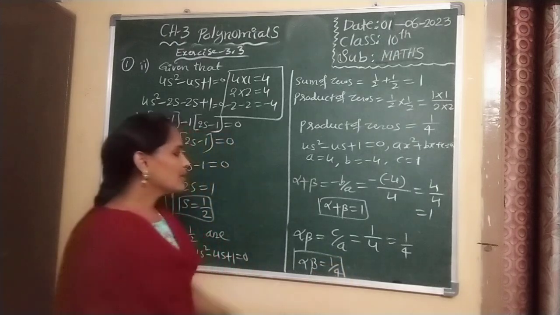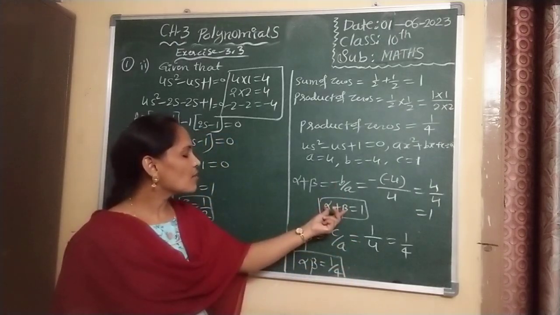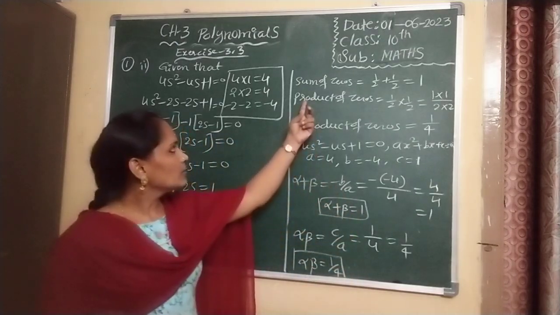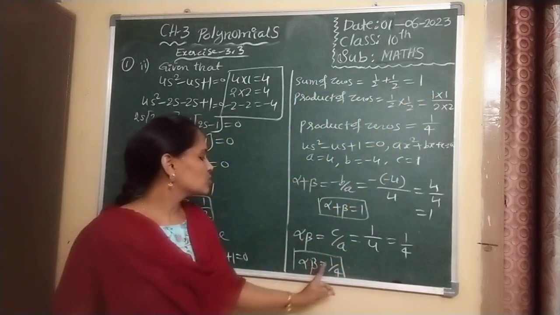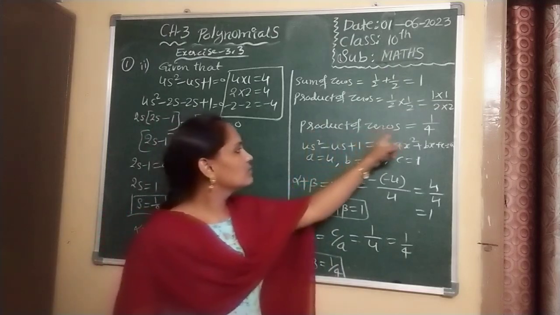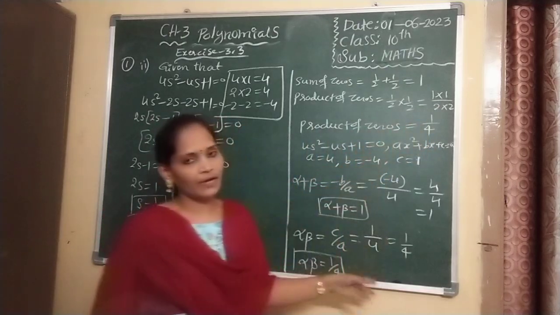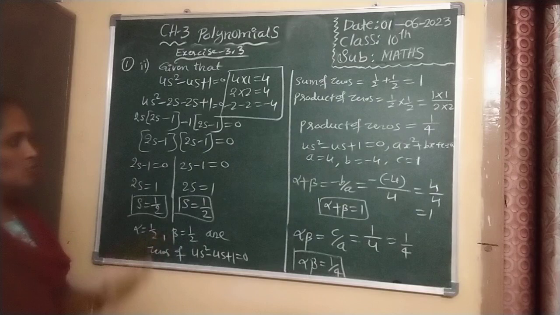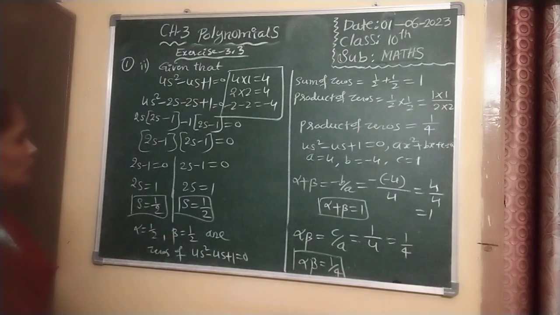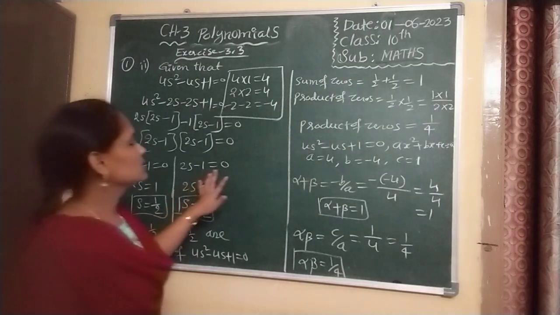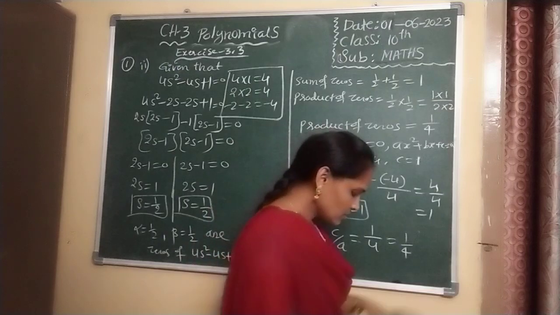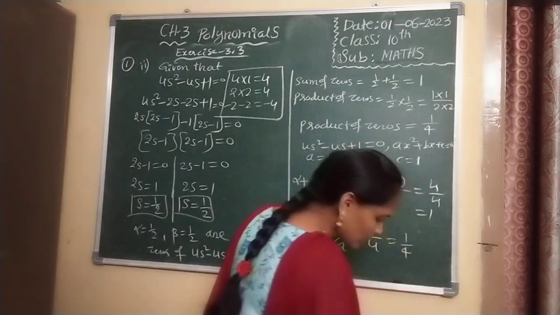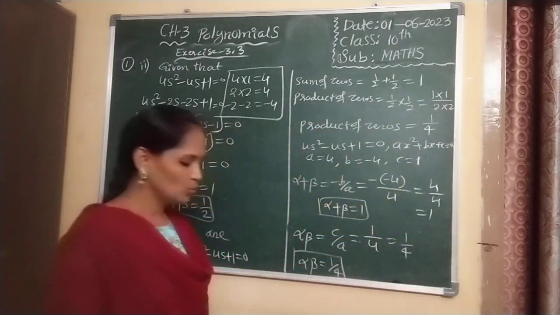So by using formulas we got sum of zeros 1 and product of zeros 1 by 4. We verified the relationship between zeros and the coefficients. This is the second bit. In the first question, 6 bits are given. Remaining bits I hope you will do that.